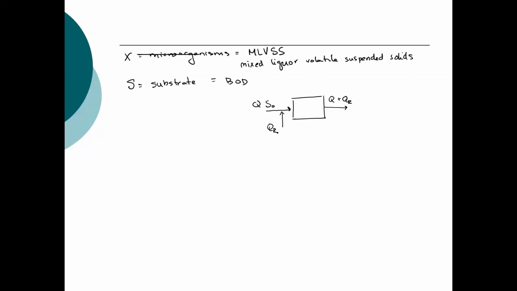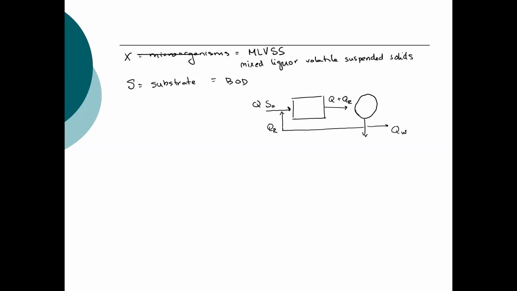We need to continually replace those organisms. We have a sedimentation basin. We have a flow of waste from that sedimentation basin. We have some portion that we're recycling, and we have some portion that we're wasting.